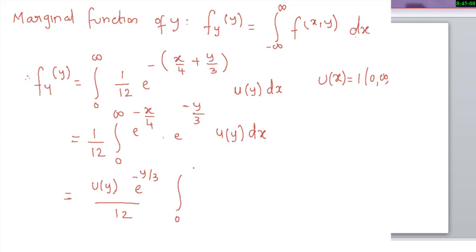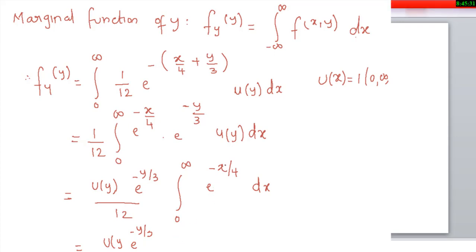Integration 0 to infinity e power minus x by 4 into dx. Next, we'll integrate; u of y is as it is, e power minus y by 3 is as it is, by 12 is the same.